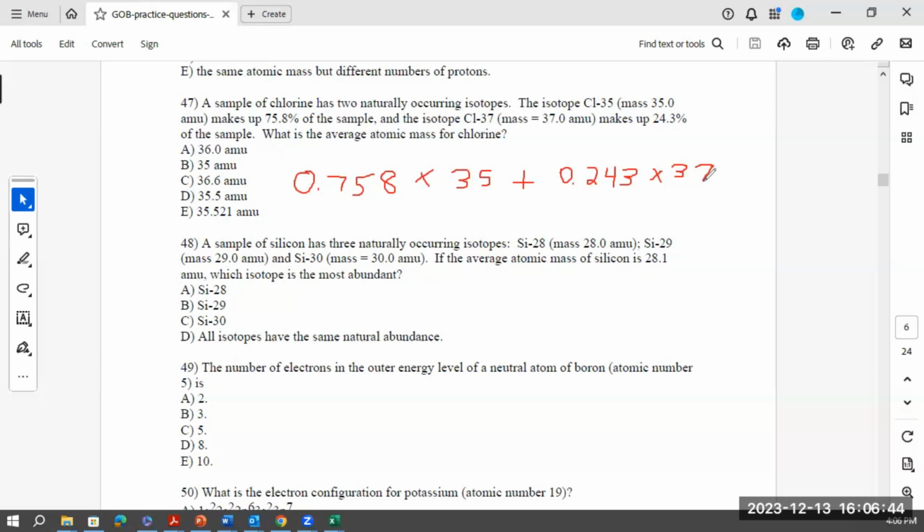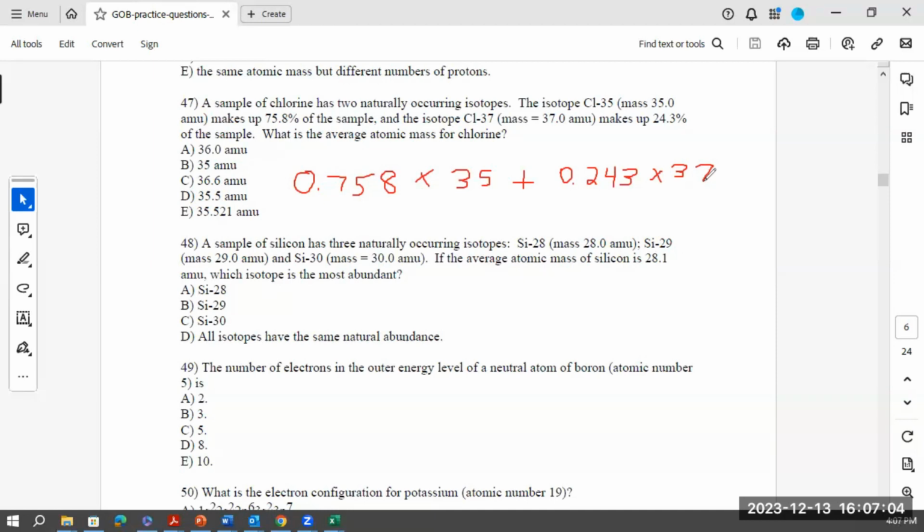Now, if we pay attention, that value, right? So the one that you're closest to, the one that is most abundant. So we said 35 is more abundant than 37. So then our value, since that's more abundant, should be kind of closer to that 35 than the 37, right? In terms of our value.